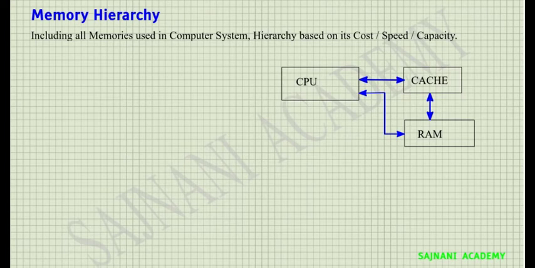But the RAM is approximately more than 10% slower than the CPU speed. So if we depend only on this kind of communication, that is RAM with the CPU, then the CPU is underutilized. It will not be fully utilized because of wastage of time.